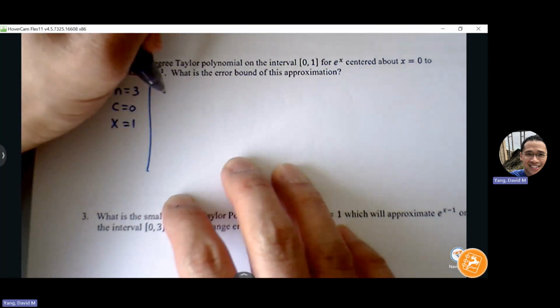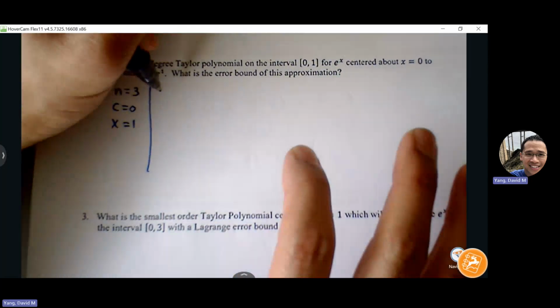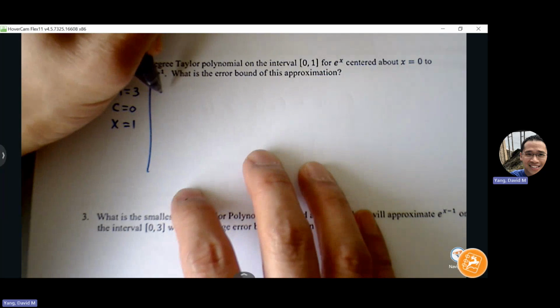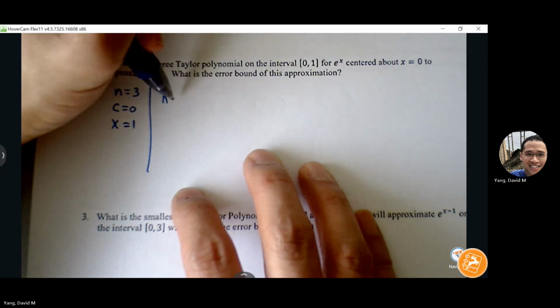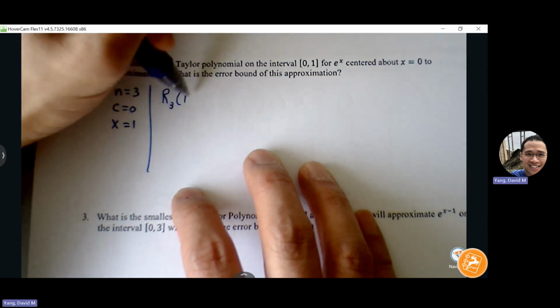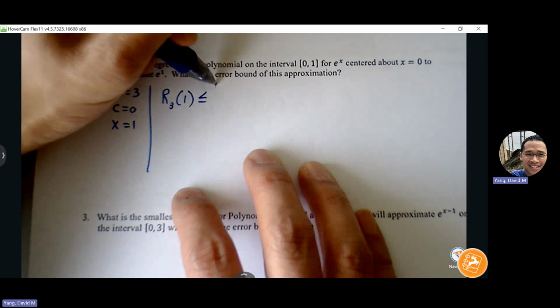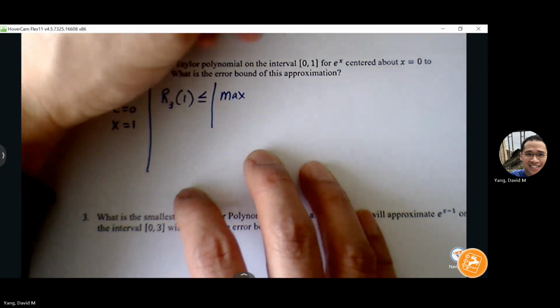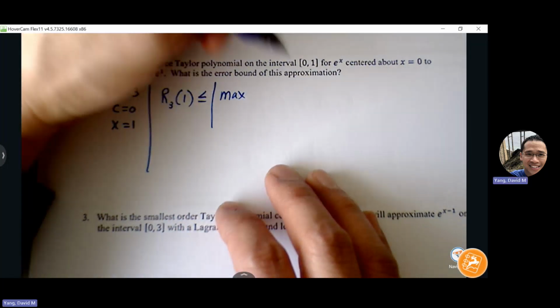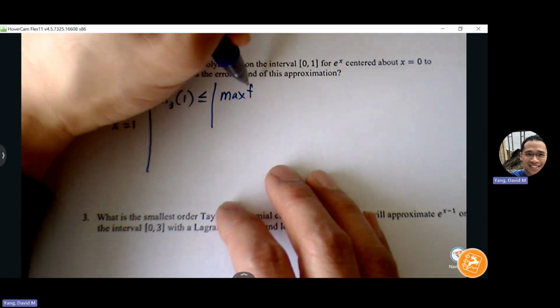Okay, let me build my remainder formula. So R of n of x, so R of 3 of 1 is less than the maximum. Okay, which derivative do I want to use?